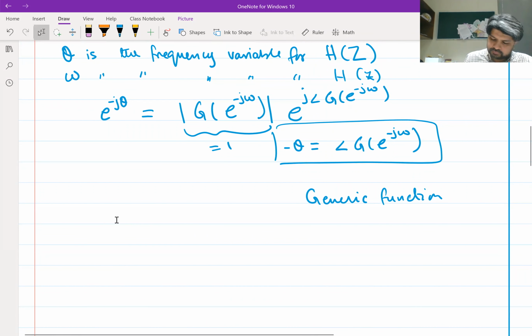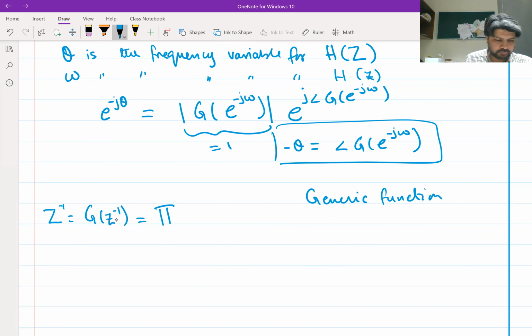The generic function that he suggested was that this transformation would be of this form: Z inverse would be equal to G of small z inverse, and it would be of the all pass form, product k equals 1 to capital N, and it can have different signs depending upon what transformation is being done, of z inverse minus alpha k over 1 minus alpha k z inverse, where alpha would of course have different values.